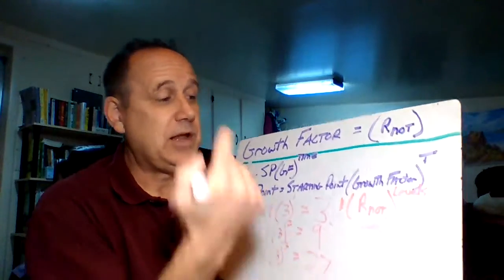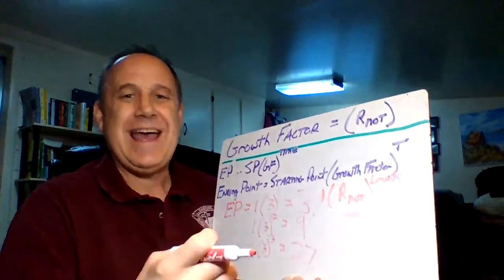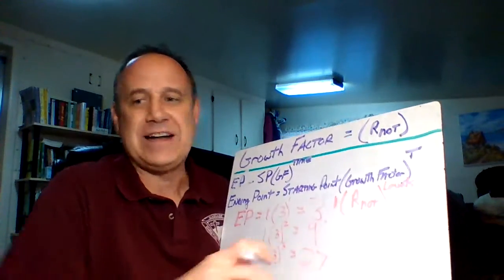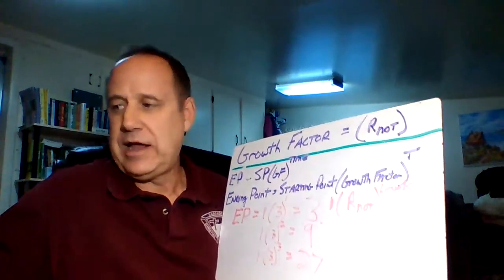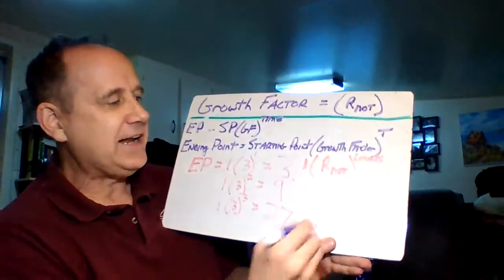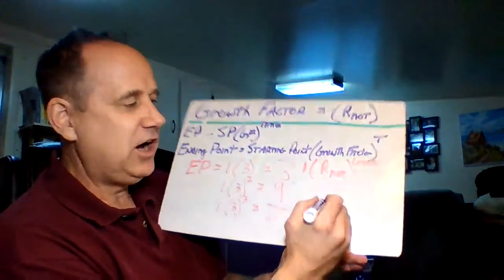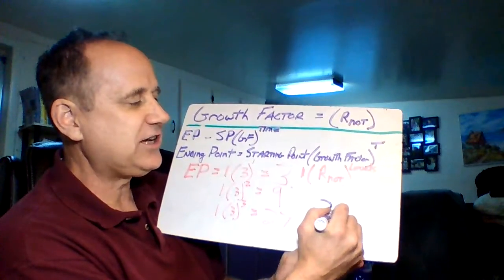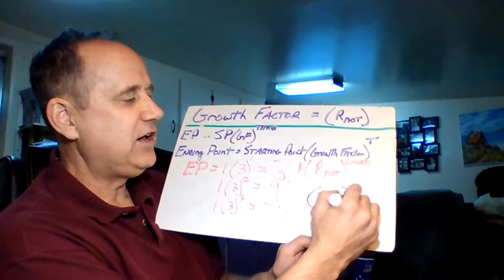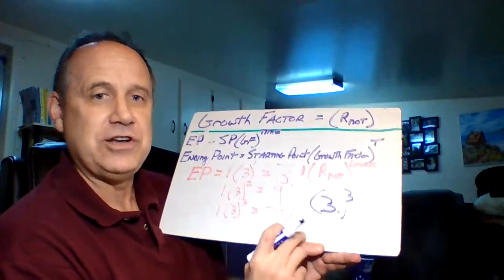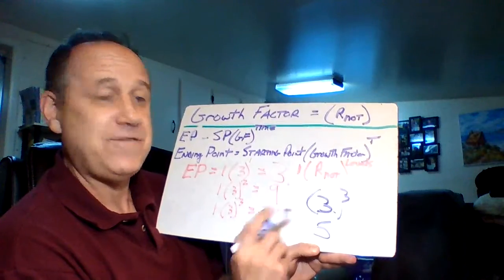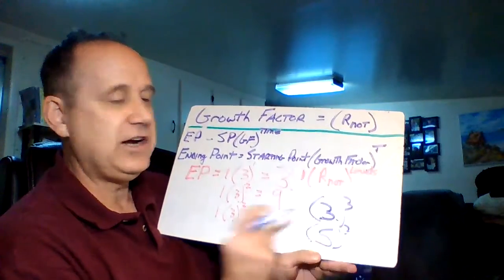So, here's what we're looking at. We're looking at the difference in terms of what different growth factors would give you. Let's say we had a growth factor of 3, like we just looked at, to the third level or third year, versus a growth factor of 5 to the third year.